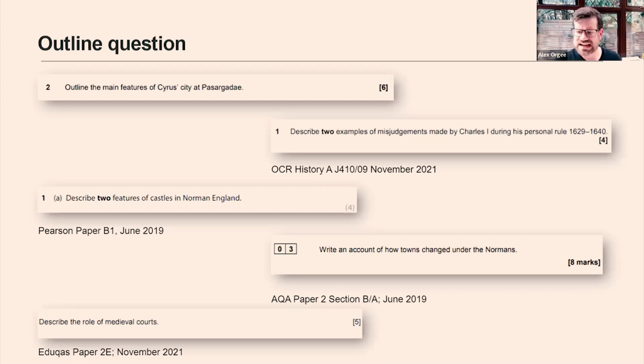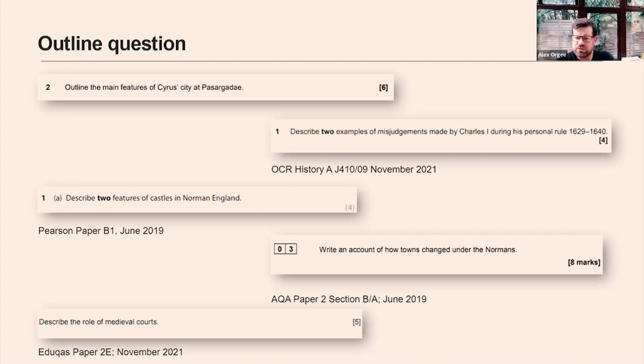In terms of the second question on the paper, the GCSE Ancient History question will always use the command word 'outline' and will always be worth 6 marks. We'll be looking for students to write a prose summary, giving details about a particular event or place.